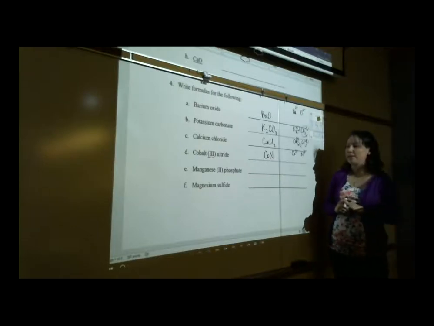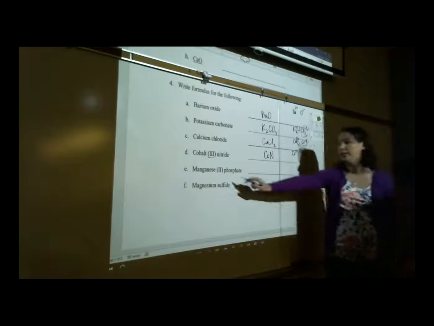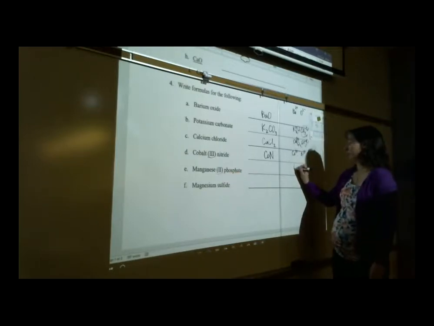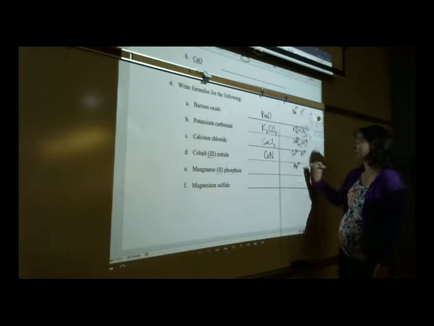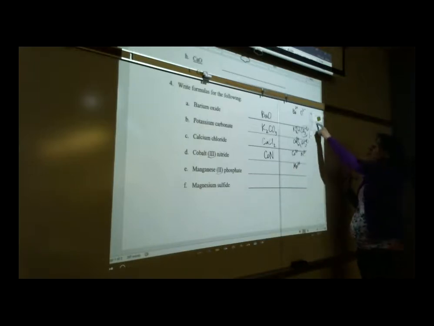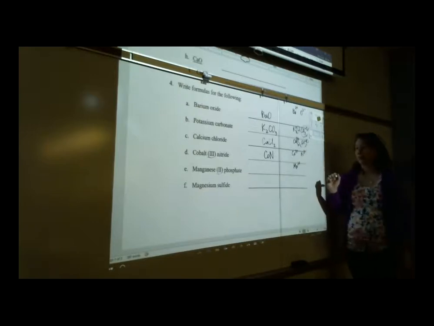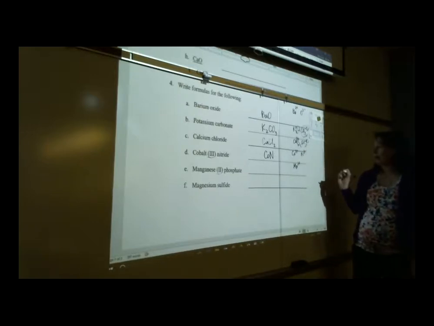Okay, E, manganese 2. What is that 2 telling me? It's got a +2. Mn2+ or Mn +2, either one, because manganese is right here in the D block. No hard and fast rules for transition metals, so we've got to work backwards. Where's phosphate on the periodic table? It's not. What is phosphate?